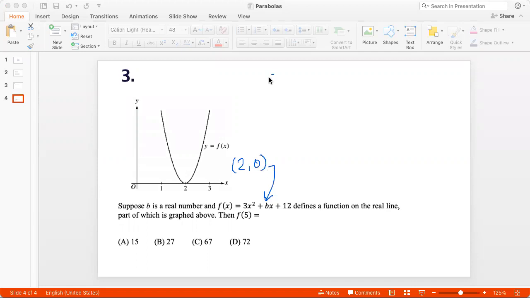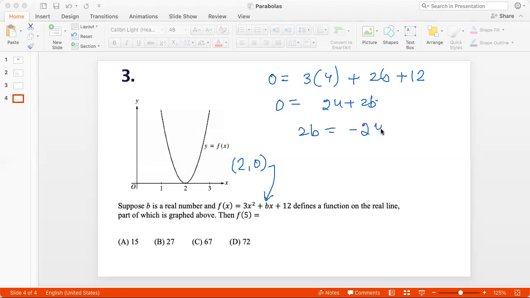So for f(x), 0 = 3 × 2², which is 4, plus 2b plus 12. So 0 is 12 plus 12, 24, plus 2b. So 2b is −24 or b is −12.